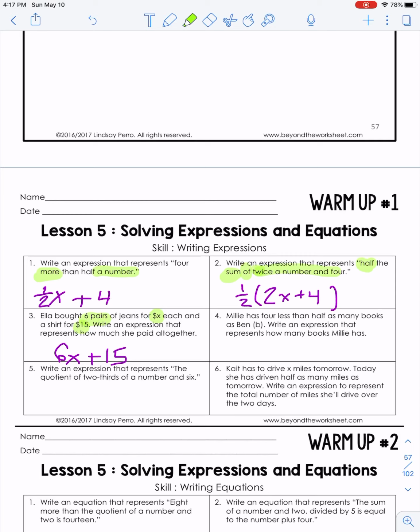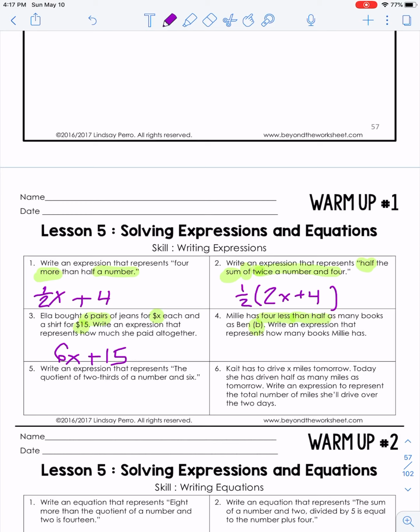And number 4. Millie has 4 less than half as many books as Ben. So it tells us this time what variable to use. So our variable for this expression would be B. Millie has 4 less.